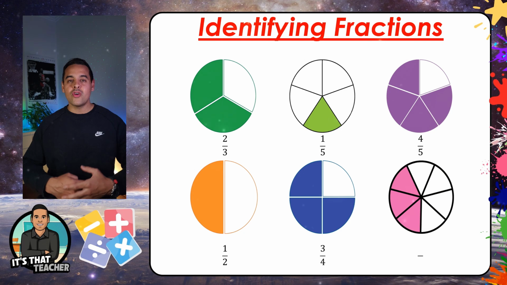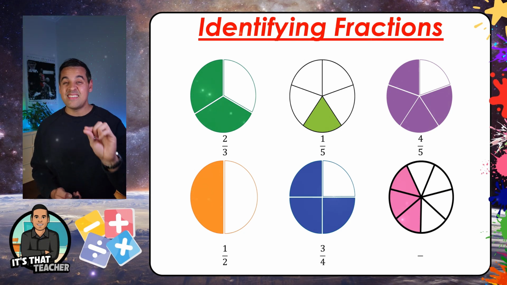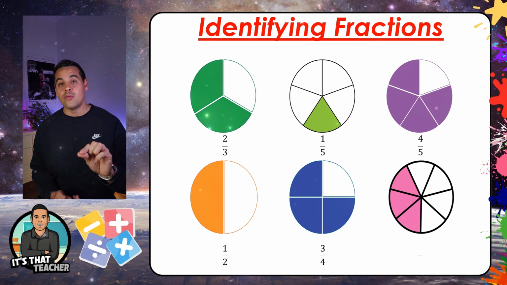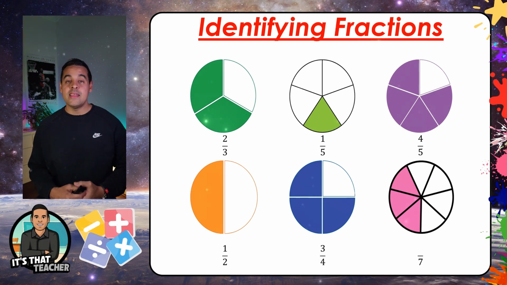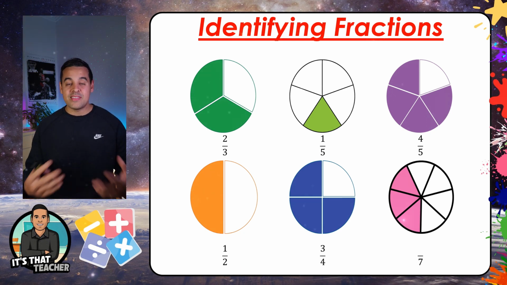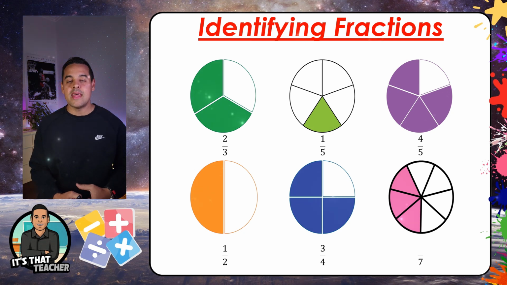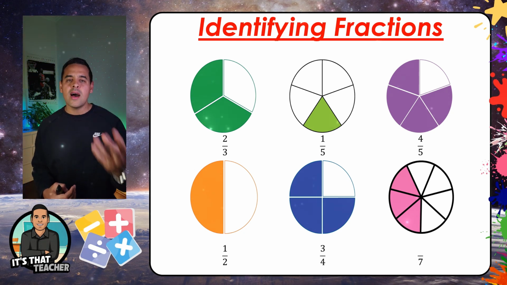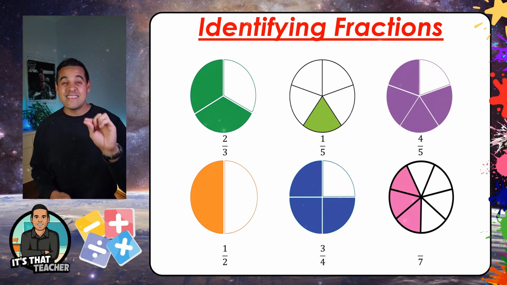Finally, our pink circle at the bottom, the denominator, so how many parts this circle has been divided into would be 7. Now the way to say that is the fraction that we're dealing with is called sevenths. So remember, 7 with a THS on the end, sevenths. It's a little hard to say, but with some practice you'll get used to it. So our denominator is a 7.